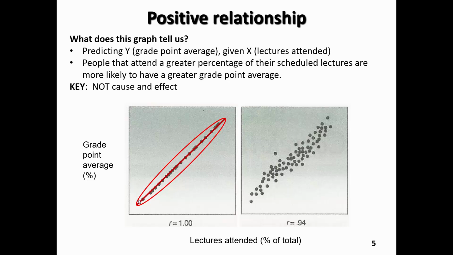But the graph on the left illustrates a perfect relationship. If we were to draw a line of best fit, we see that the line cuts through all of the data points. No single data point lies outside of that line. At the bottom of the graph here, you see that we have what's called an R value of 1.00.